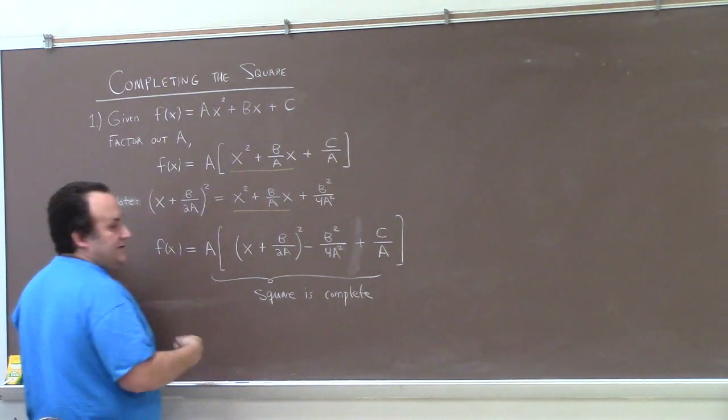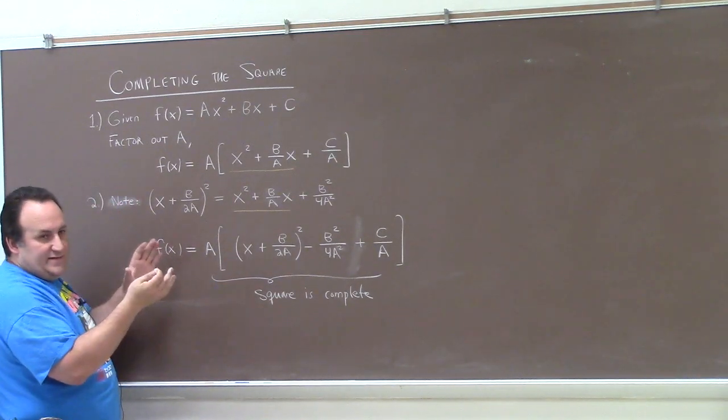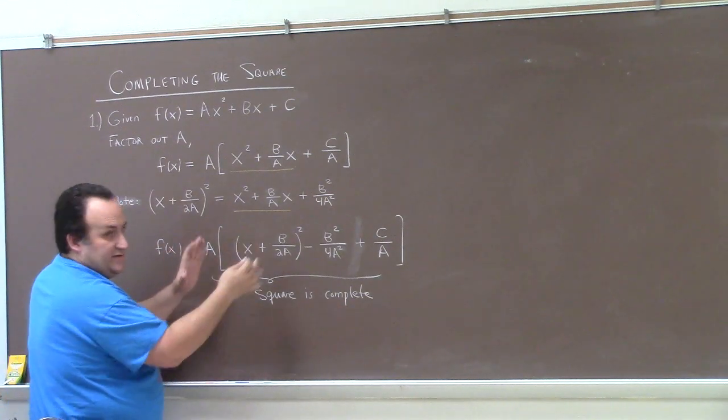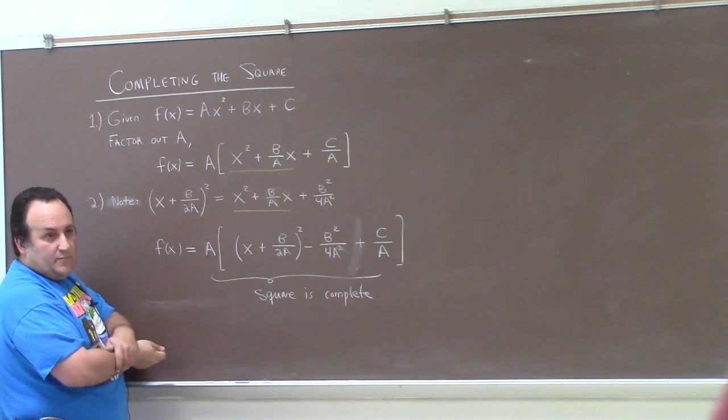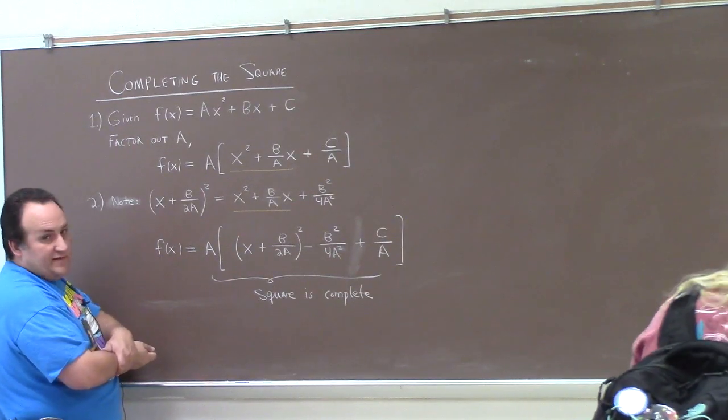In the sense that what you've done is you've lumped all of your variables, which in this case is x, into a single term, which is squared. And why is this helpful?